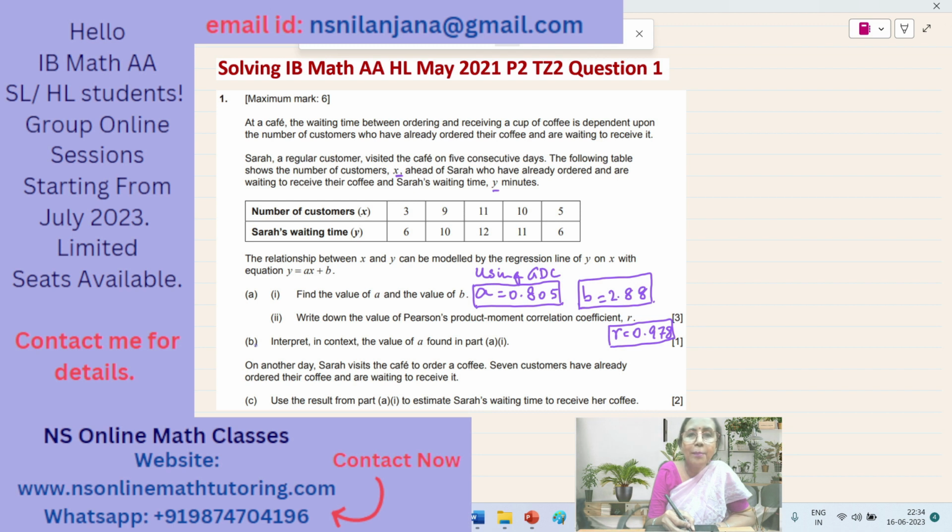Now coming to subpart B, it says interpret in context the value of A found in part A I. Now, if we graph this, it will be a linear graph because the equation is y equals ax plus b. And what will be A?